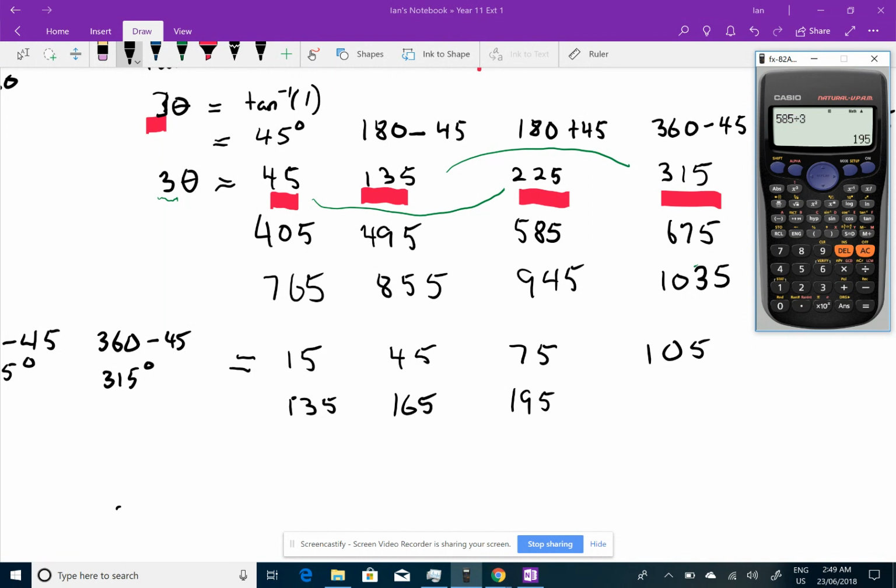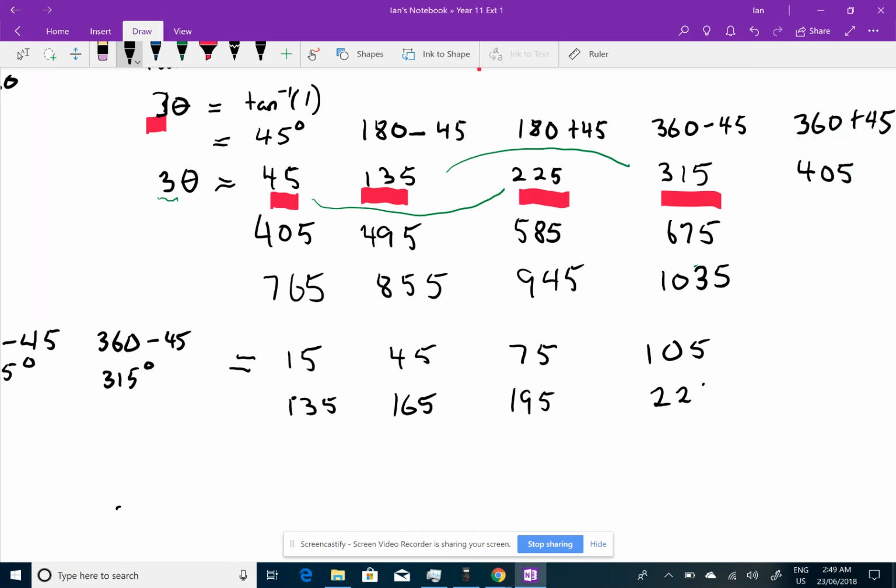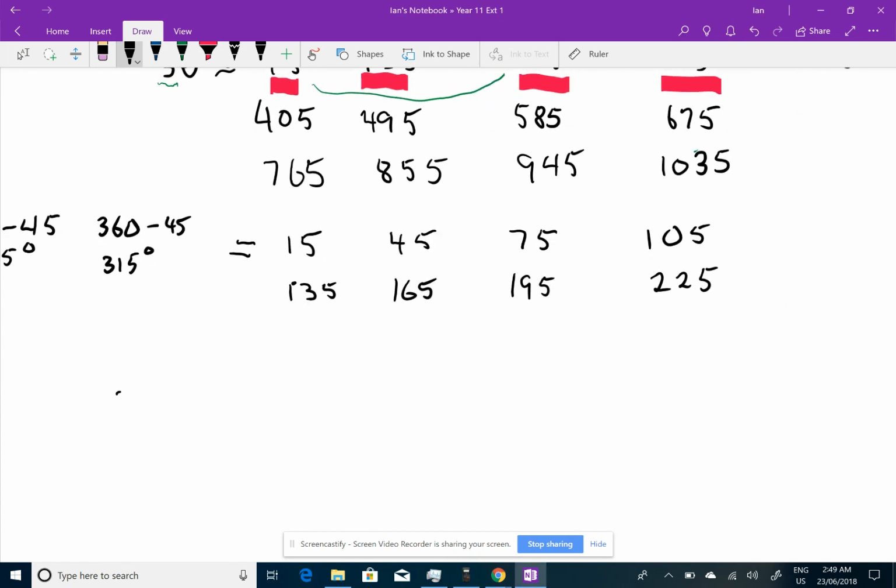There we go. Well, now we can see the pattern. 120 plus 105, 225. 120 plus 135 is 255. 120 plus 165 is 285. 120 plus 195, 315.